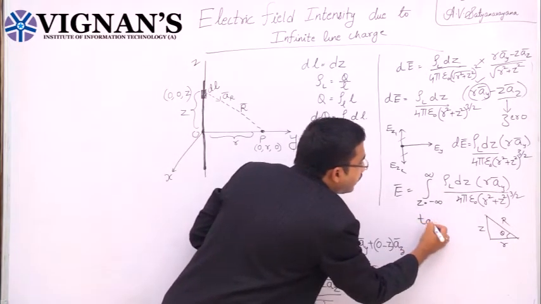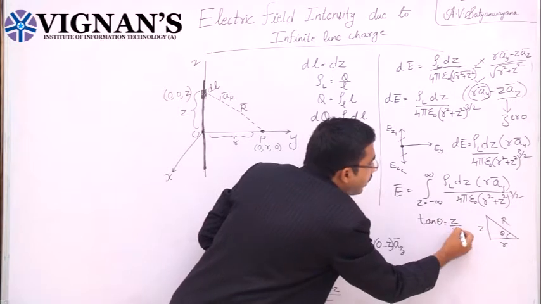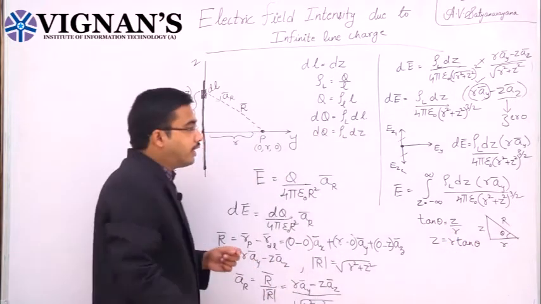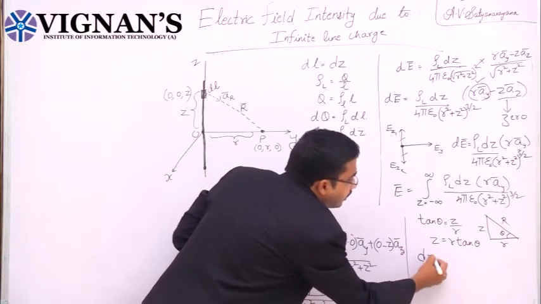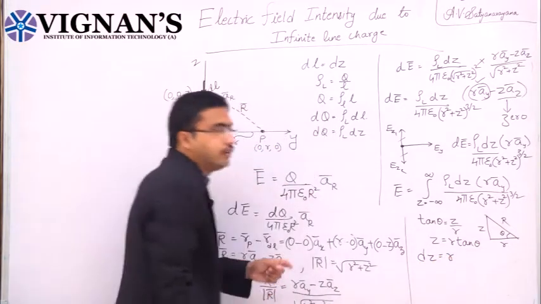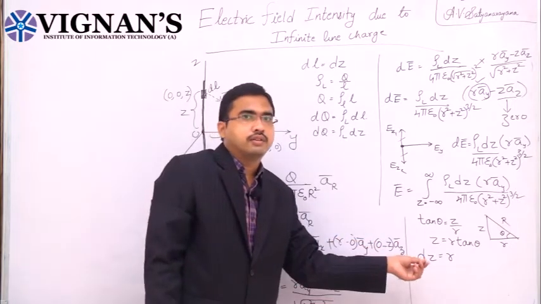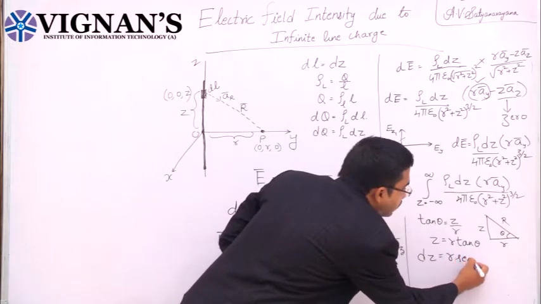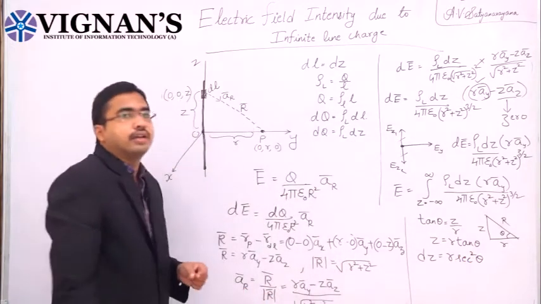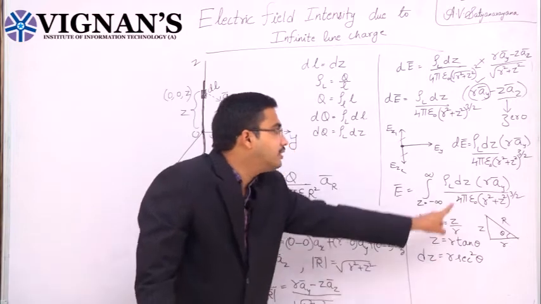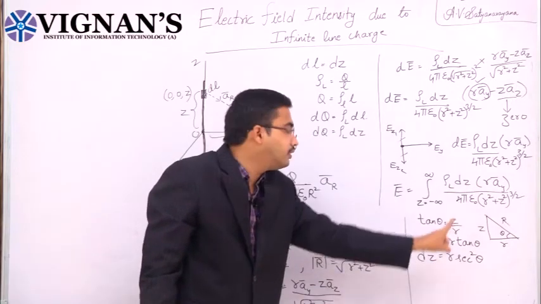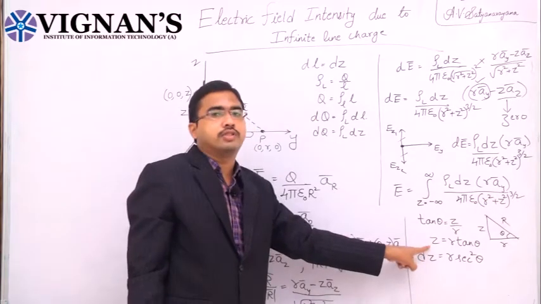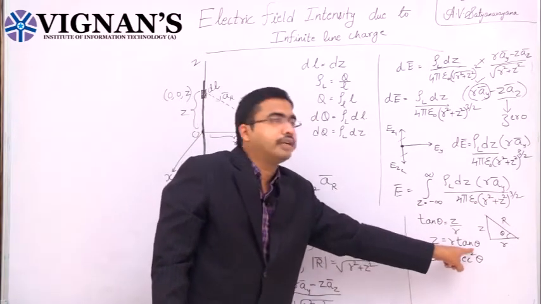So from this tan theta is equal to Z by r, from which Z equals r tan theta. So now what is dz? We are differentiating on both sides, dz equals r secant square theta d theta. Okay. Now we can substitute this dz here, because we have dz equal to r secant square theta, and in the place of z what can I substitute? In the place of z, r tan theta can be substituted.